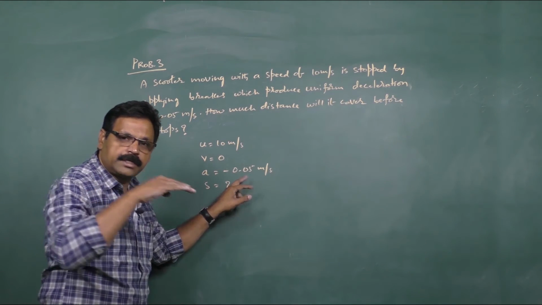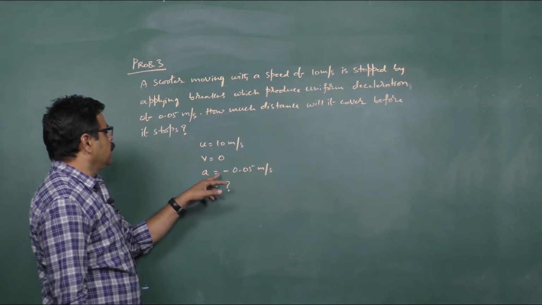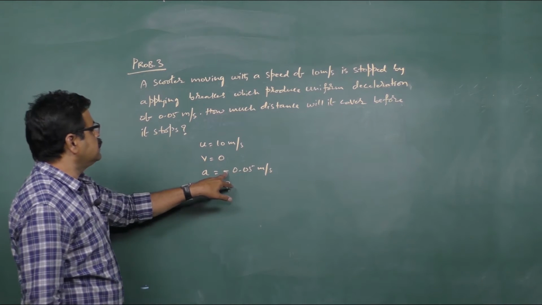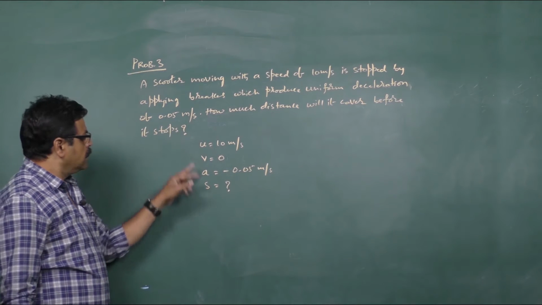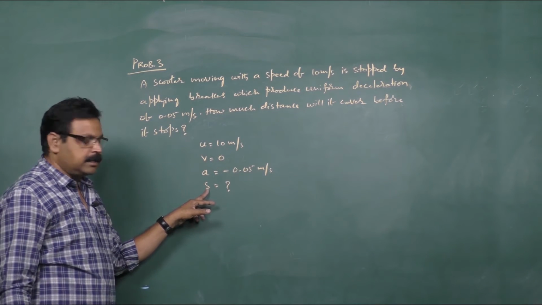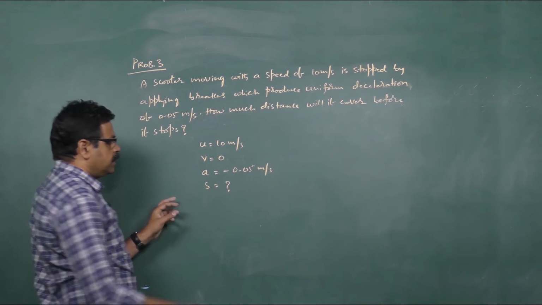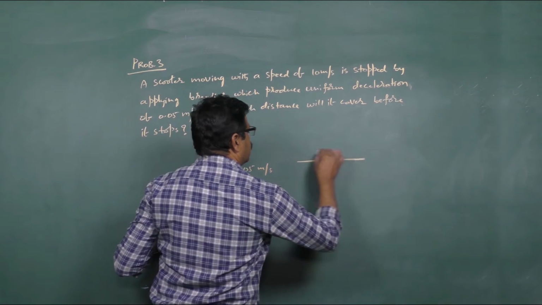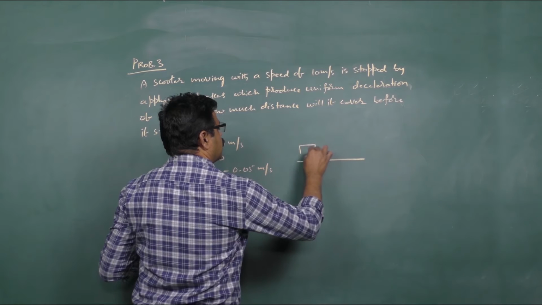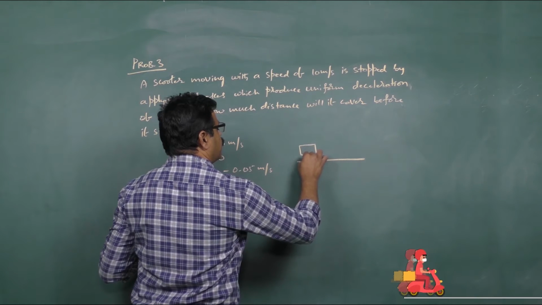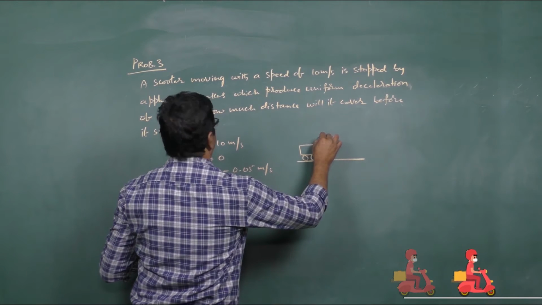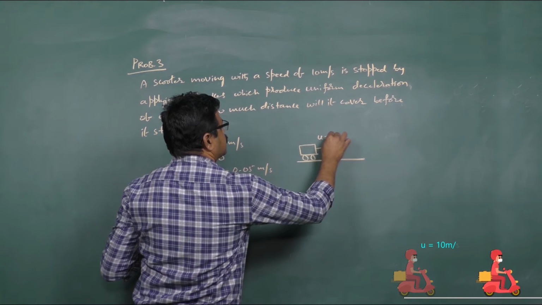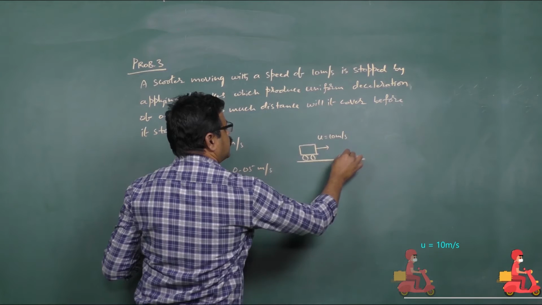Retarding, so velocity is gradually decreasing. Therefore, a is equal to minus 0.05 meter per second squared, what they have given, and you need to calculate the displacement. That means whenever a body is moving with some initial velocity u equal to 10 meter per second, brakes are applied.